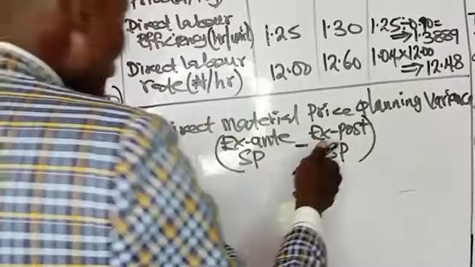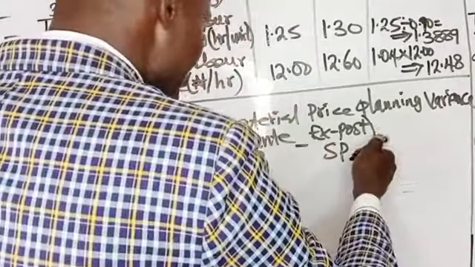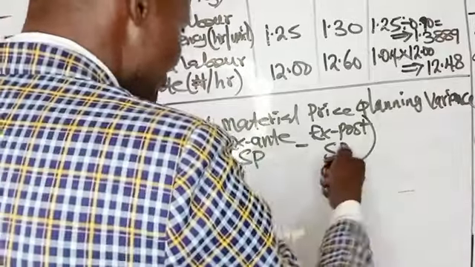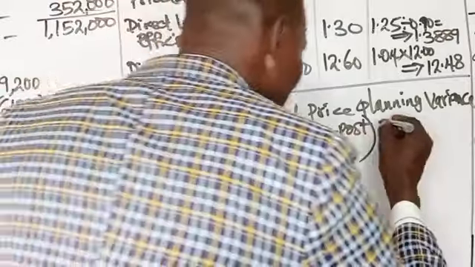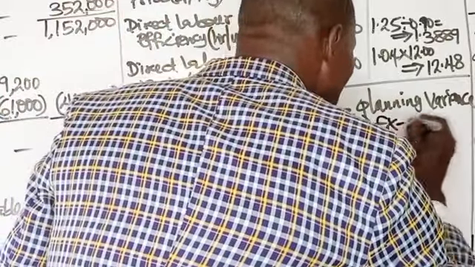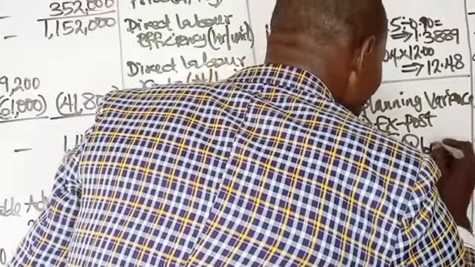And I've told you what you have here determines what you are going to have here as a weight. Since you compare price, then the weight should be quantity. So that means we are going to have ex post standard quantity based on actual production.